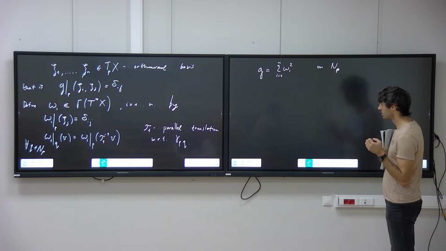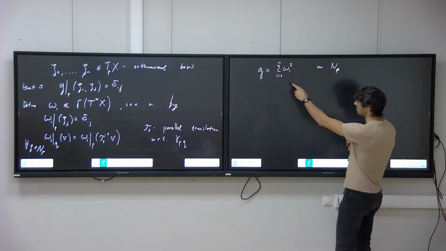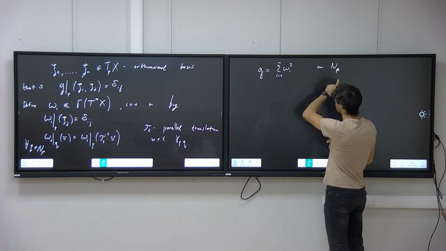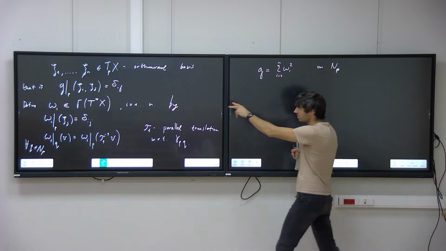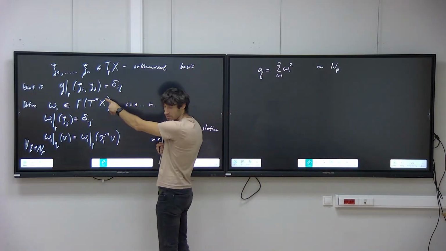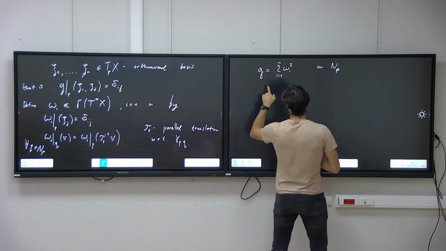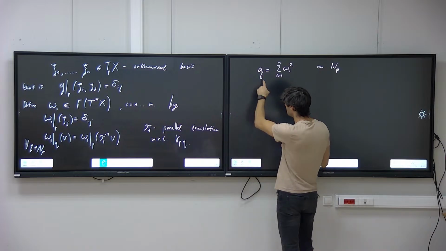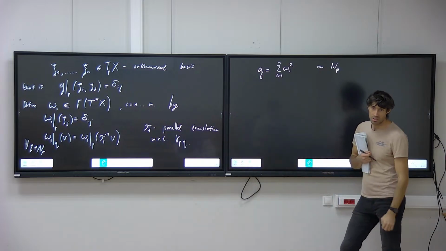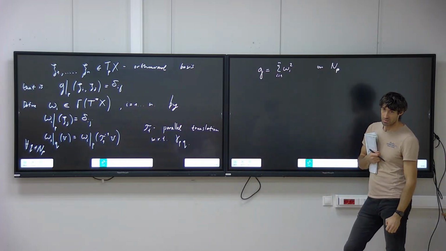So this is definitely true at point P because of this. But then at all other points it's true because g is invariant with respect to the connection.